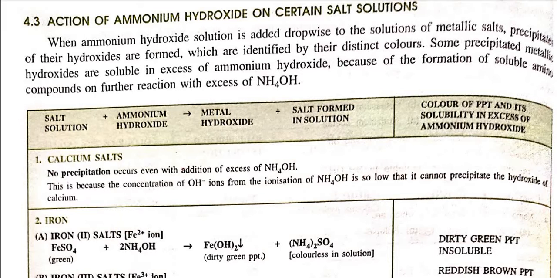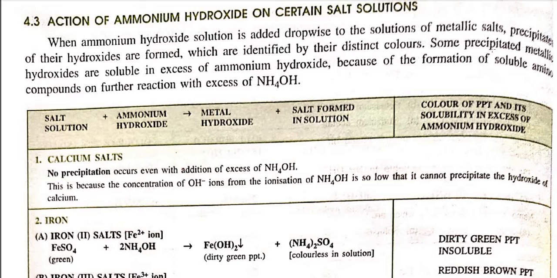So what will happen when ammonium hydroxide solution is added to a salt solution? When ammonium hydroxide solution is added dropwise to the solution of metallic salts, precipitates of their hydroxides are formed. Here also a precipitation reaction takes place, and the precipitates of hydroxides can be identified by their distinct colors.